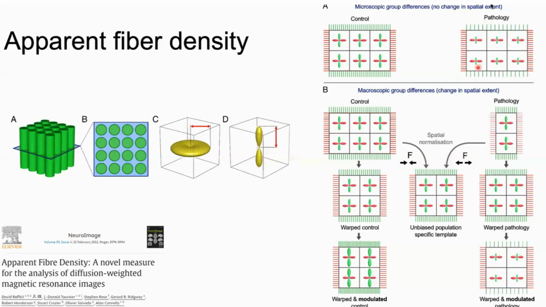So the idea with using these amplitudes as a quantitative measure, that's the microscopic group difference. There is an intravoxel quantification, and you want to extend that to intervoxel quantification.